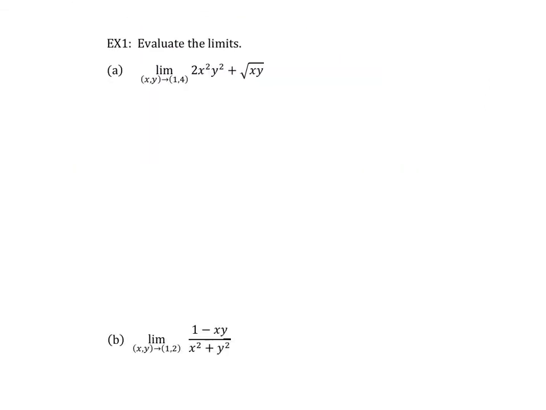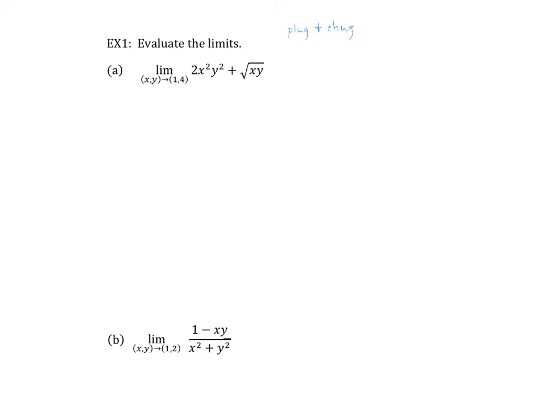Let's go ahead and evaluate limits. So let's say we want to find the limit as our point x, y goes to the point 1, 4. Well, the first thing we always do when we evaluate limits is we plug and chug. Plug and chug just means put in those values. If you get a number back, you're done.